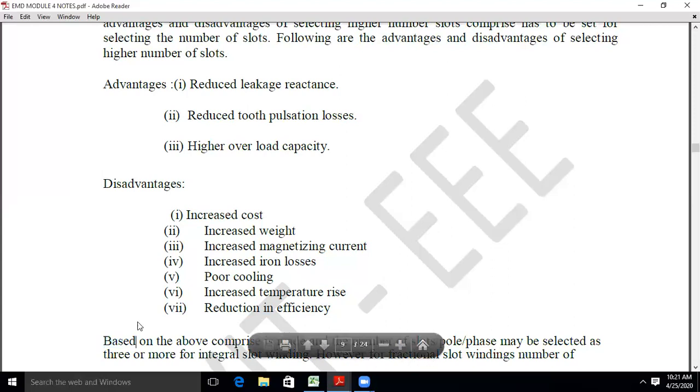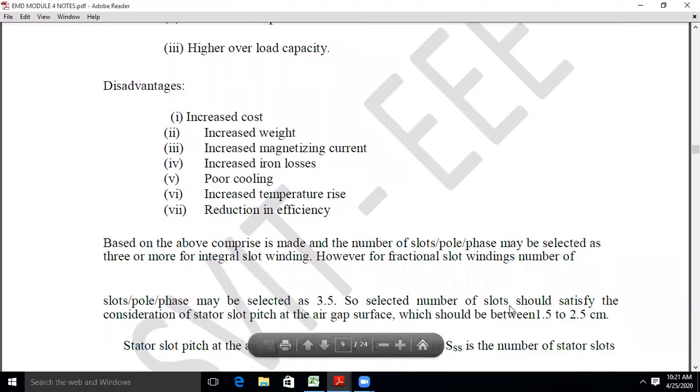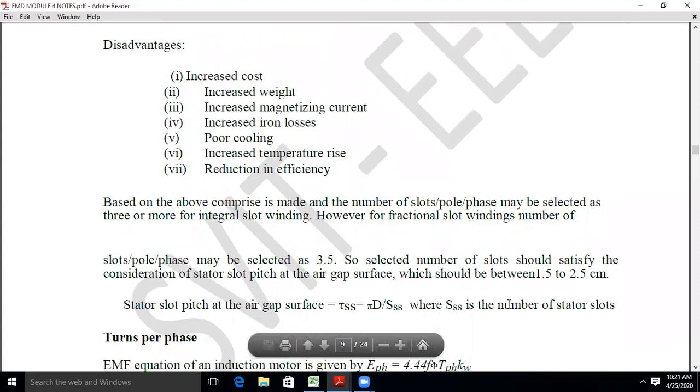Based on the above, a compromise is made, and the number of slots per pole per phase may be selected as 3 or more for integral slot winding. However, for fractional slot winding, the number of slots per pole per phase may be selected as 3 to 5.